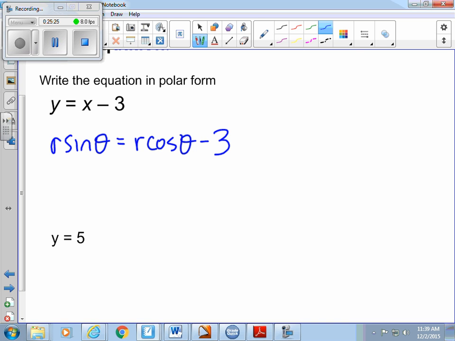Okay, so for doing rectangular coordinates first, when you are solving an equation for x, what's your first step always? Get all the x's on the same side. So what should I do first? Get all the r's on the same side. Then what?